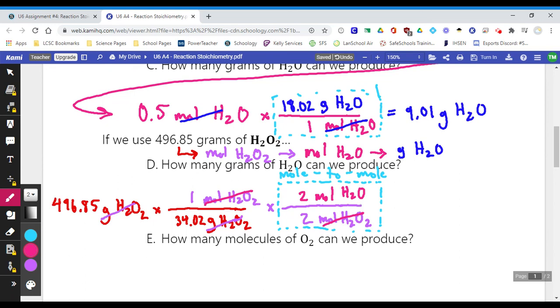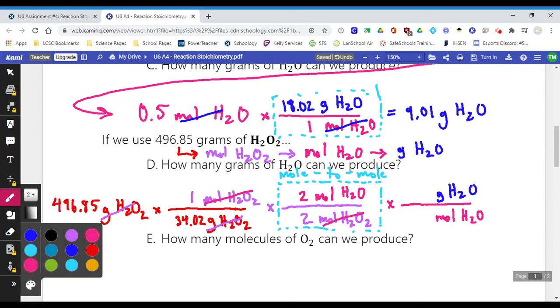Okay, one last thing. I want to convert to grams of H2O. So I have to get rid of moles of H2O on the bottom. Moles of H2O down here. I want to get grams of H2O on the top. So what's this conversion factor asking me? Well, it's not a mole-to-mole ratio, so I can be 1 with moles.